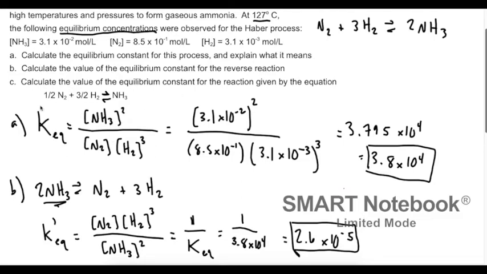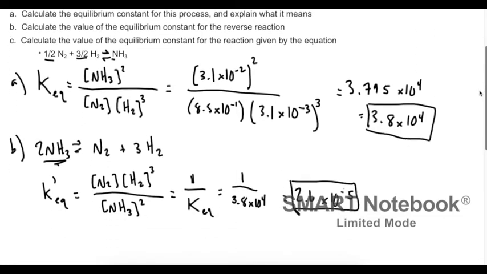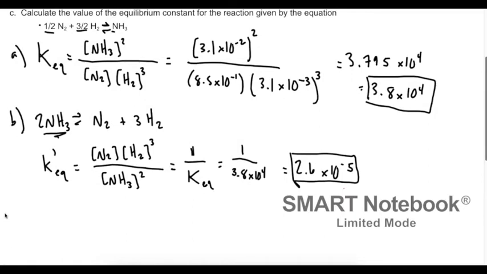So we haven't talked about this, but all I've done is I've just modified those stoichiometric coefficients by dividing them all by 2. What effect do you think that is going to have on our K value? Well, let's see. My new equilibrium expression, we'll call this one a double prime or something. This is like a related series of questions.